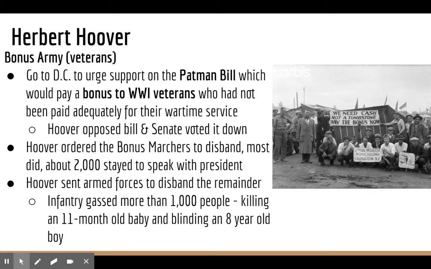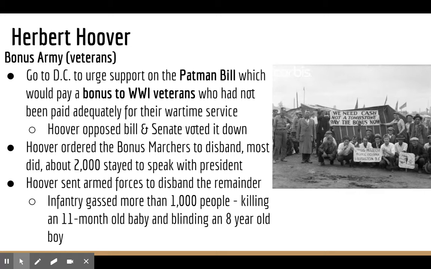So what the heck is happening here? Again, Hoover is a president. He's a person. He has to make a lot of decisions. We're in the Great Depression. We have this group of veterans. They want their pay for their service in World War I. The Patman Bill got voted down. They're protesting, and it goes south. It goes violent.